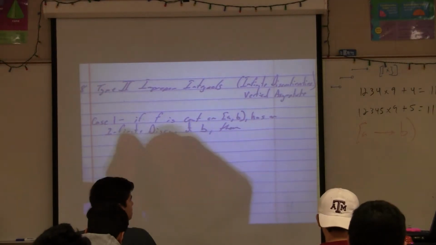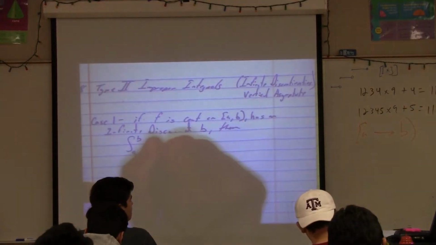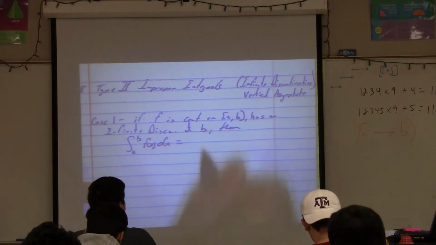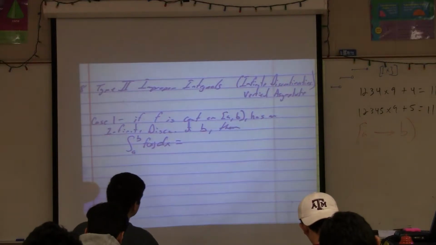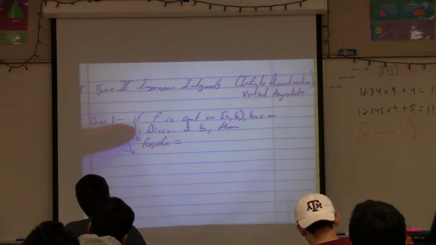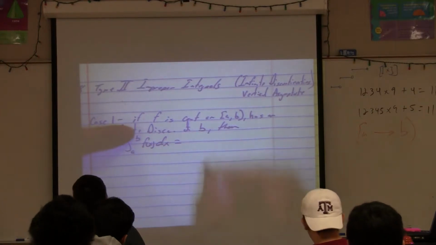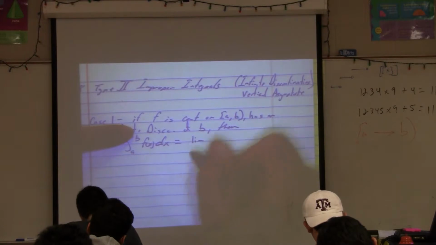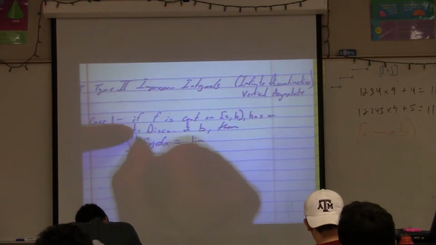Cool? So the integral from A to B of that function, dx, is gonna equal what? Where's the problem at? At B. Okay, so we're gonna have to do the limit as, this is gonna be a number on your problems, okay?